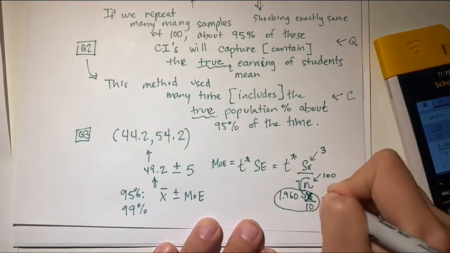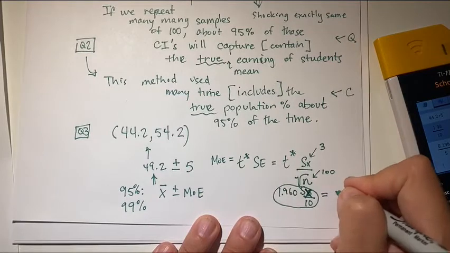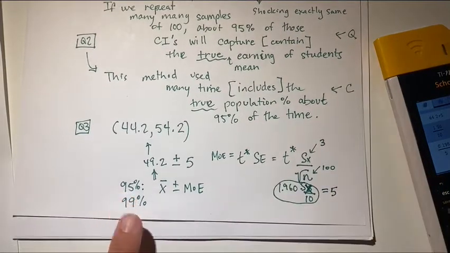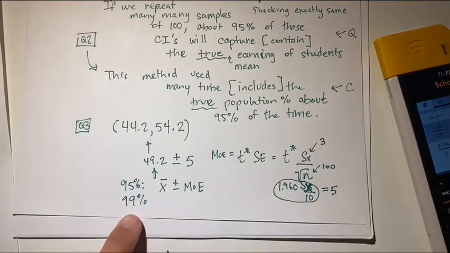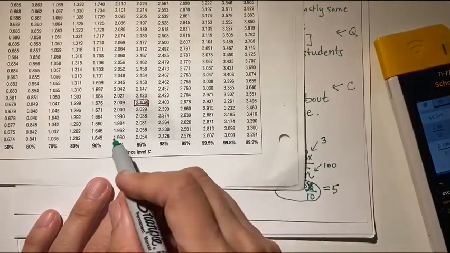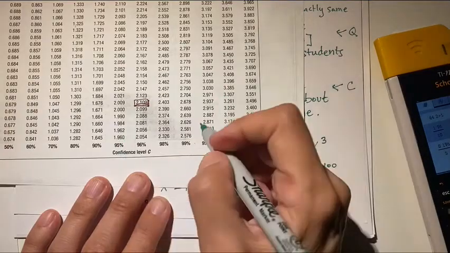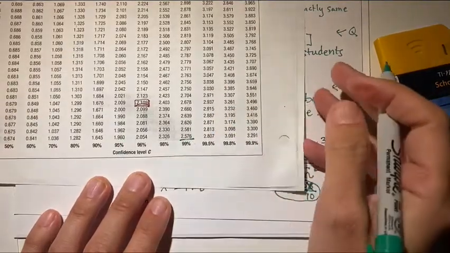We know that the margin of error is 5 when we do a 95% confidence interval. Well, how would it change if we did a 99? If we did a 99, instead of multiplying by 1.960, we're going to multiply by 2.576.